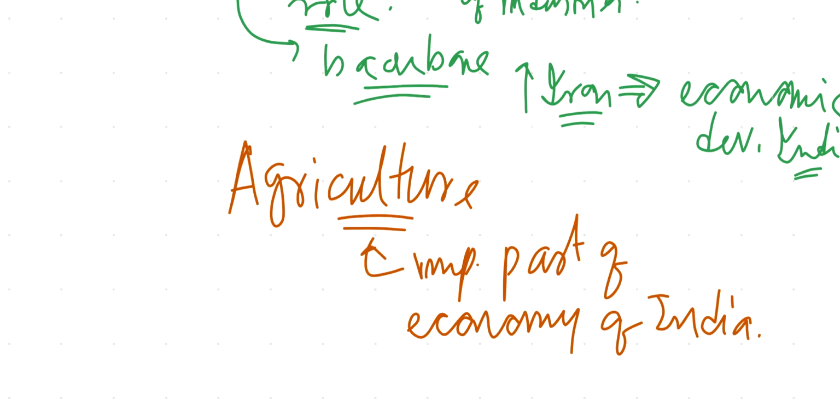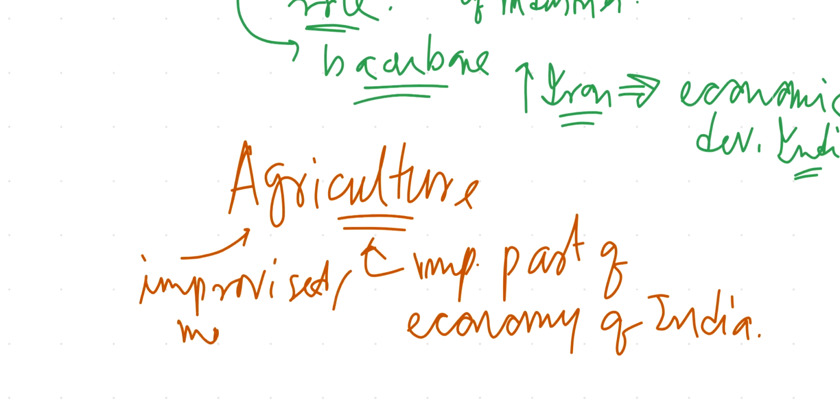Now, how did the manufacturing industry help in economic development? First, the manufacturing industry improvised the system, or modernized the system.